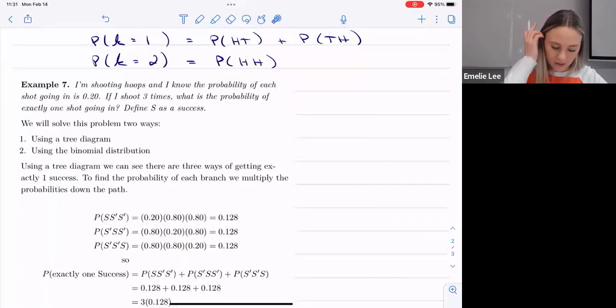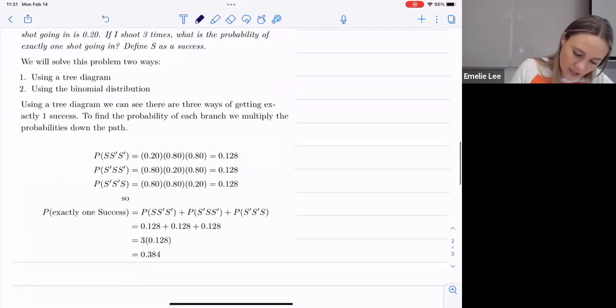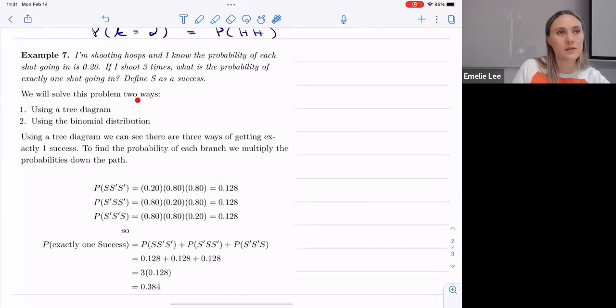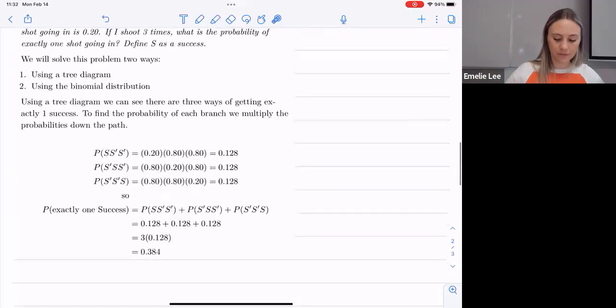And so here, we can solve this problem in 2 ways. First, I'm going to solve it using a tree diagram, and then I'm going to show you the binomial distribution and how it's doing the exact same thing without the tree anymore for larger number of trials. Just to hammer it home.